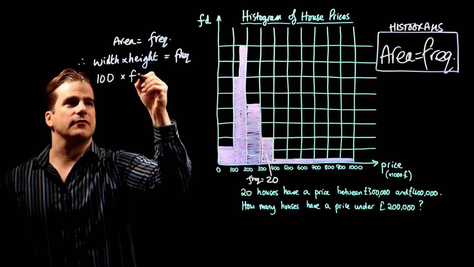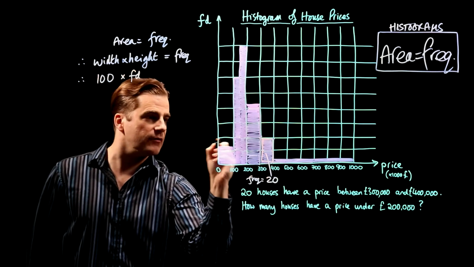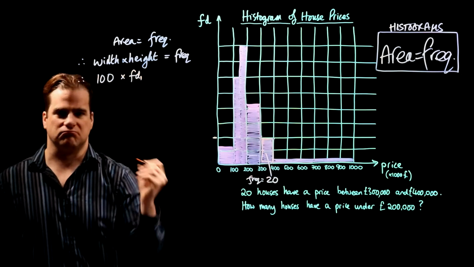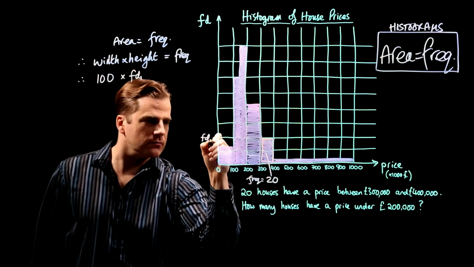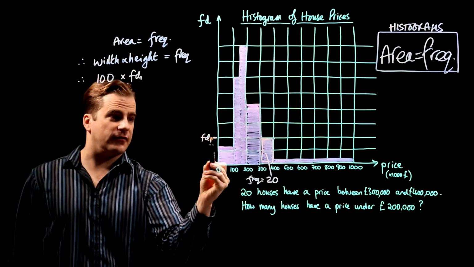I'm just going to call it FD. It's the frequency density at that particular point, because it goes up to this line. Call it FD1.